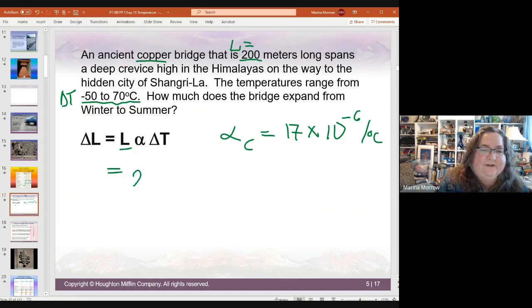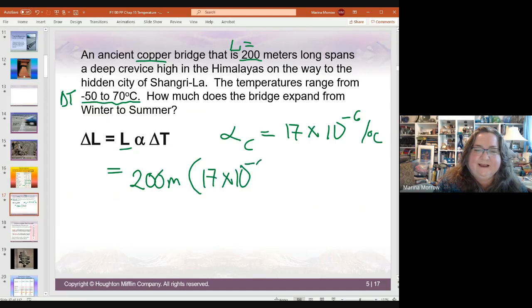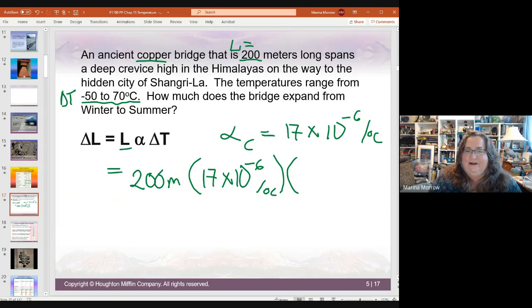Okay, so let's put these numbers together. So our length is 200 meters. And then we have our alpha, 17 times 10 to the -6. And then we have our temperature range. The change in the temperature, -50 to 70 degrees Celsius. So delta T is T final minus T initial.